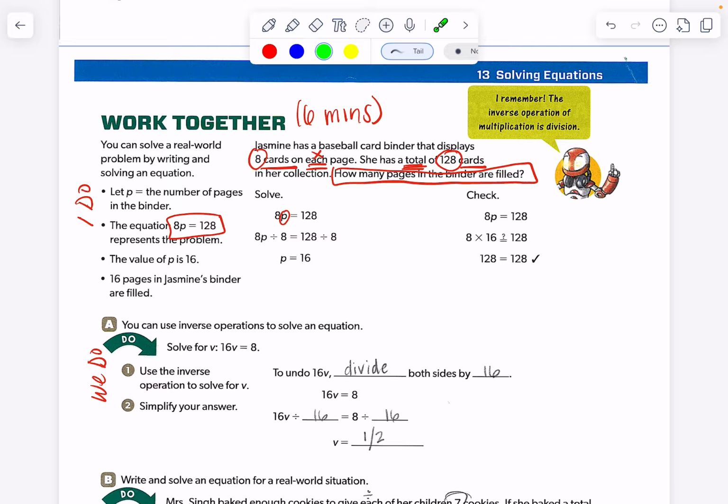So something you might want to ask is, okay, well, if the variable is being multiplied, how do we isolate it? Students will identify that the inverse operation for multiplication is division, so they would know that they have to divide 8 on both sides for them to end up with an answer of p is equal to 16.